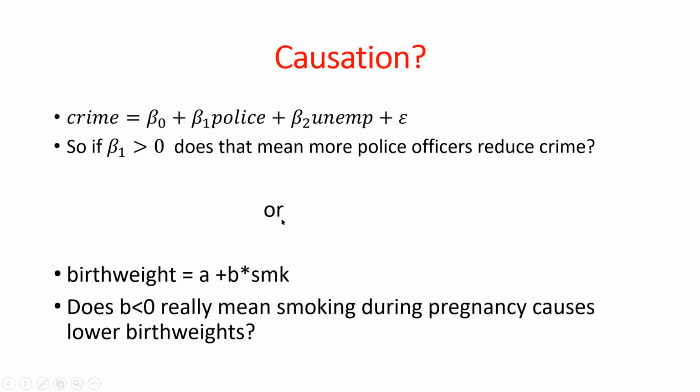Or another example of this kind of omitted variable bias is, let's say I want to make those estimates for a child's birth weight and whether or not the mother smoked. So that was an example we looked at yesterday. Well, let's say I find that this is negative. Does it really mean that smoking while being pregnant causes lower birth weights? Well, I think intuitively, probably yes, it does, but maybe it's an overstated effect, because what might also be true about mothers who smoke while pregnant?